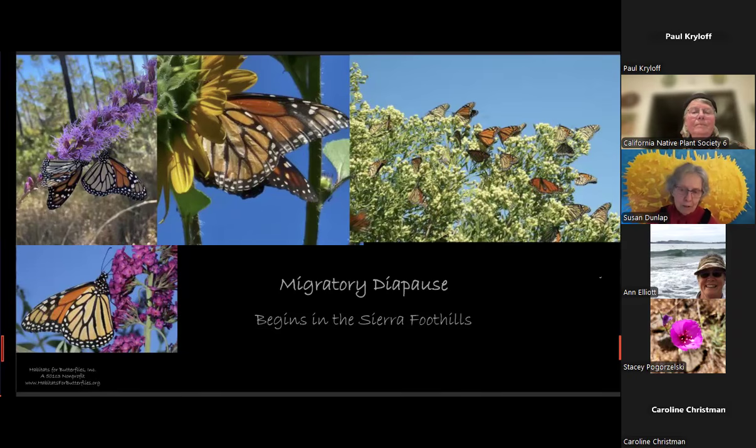They shift from being proactive sexually to being less competitive, and they aggregate together to migrate back to Santa Cruz, usually in clusters. So we know then that in September, October, and November, they are migrating back to the California coast, and they need to refuel along the way.